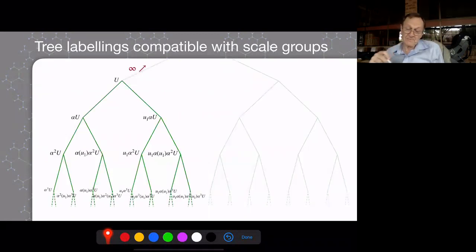So here is our full tree. I've drawn it slightly differently now, but we have a particular vertex that I'm now labeling by U. This is the vertex that we called V before. I'm labeling it by U because U is the stabilizer of that vertex.